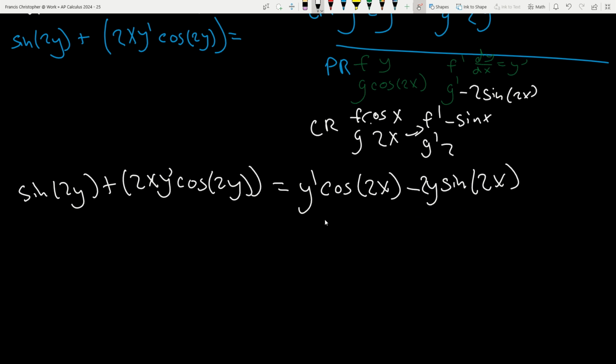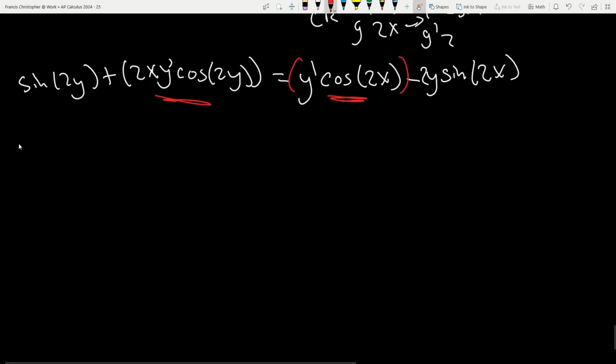And now we just have to notice all of our terms that involve a y prime. So this term involves a y prime, and this term involves a y prime. This is already on the left, so I'm going to keep it there. So 2x y prime cosine of 2y. And I'm going to subtract this term so that I can move it here.